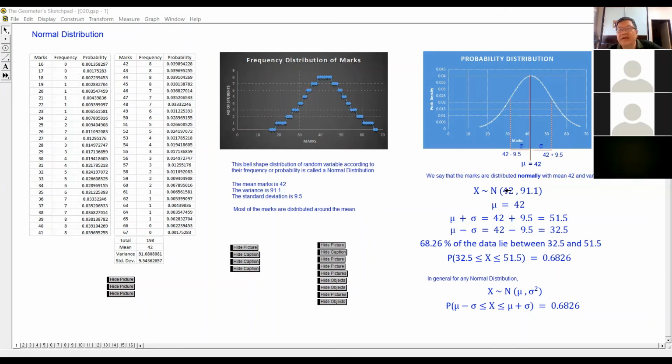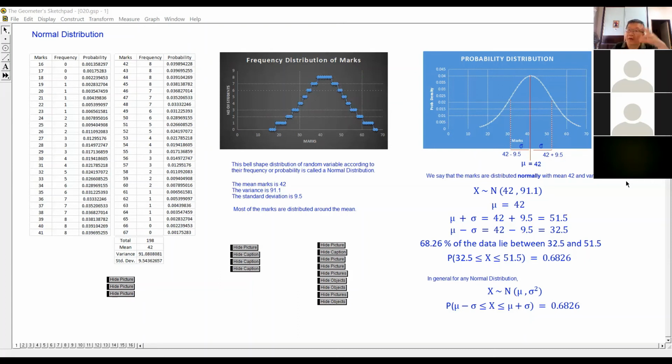So this is a probability distribution called the normal distribution, and it can be written like this: X is distributed normally with mean 42 and variance 91.1. So the two numbers that we have in a normal distribution are the mean and the variance. These are the two parameters.